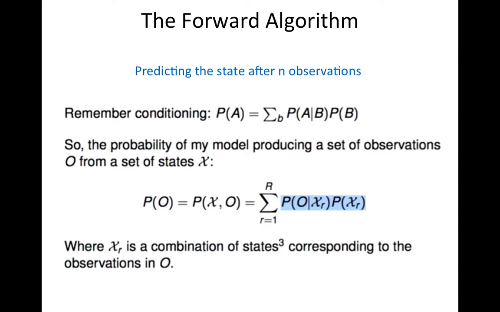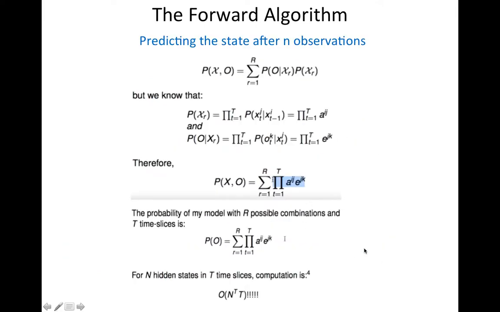So the probability of observing an event is given by the summation of all that. We know that the probability of this is nothing but the transition probabilities, xt given xt minus 1, because the state xt depends only on xt minus 1, and also the emission probabilities of the observation.